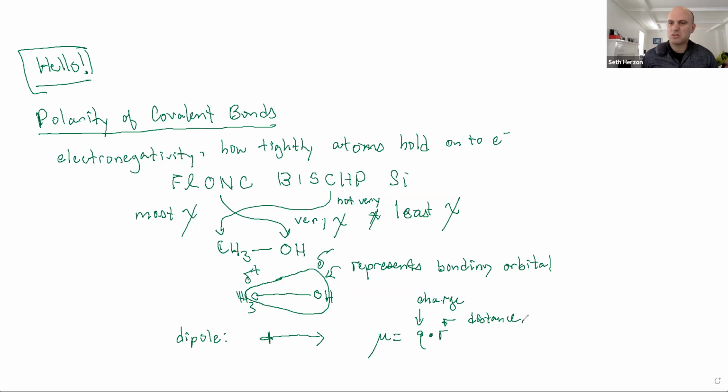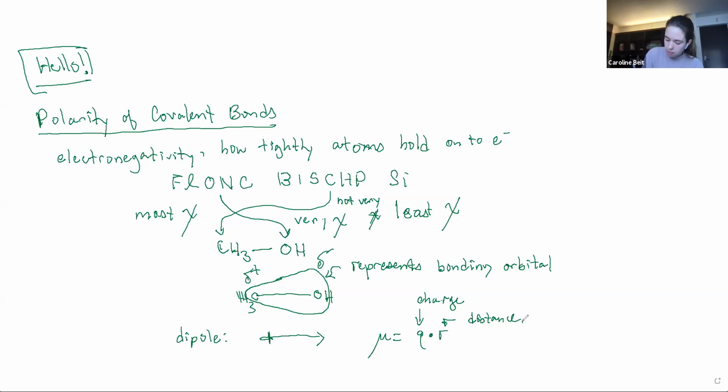So intuitively, hopefully that makes sense. As you increase the charge or you increase the distance between the atoms, you have a bigger dipole within that bond. And what is mu representing again? Mu is just the abbreviation for dipole. Yeah. Okay.